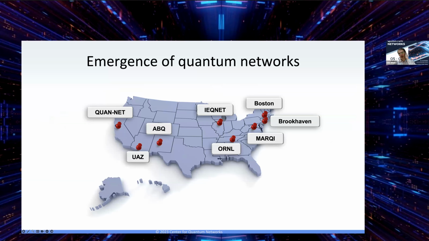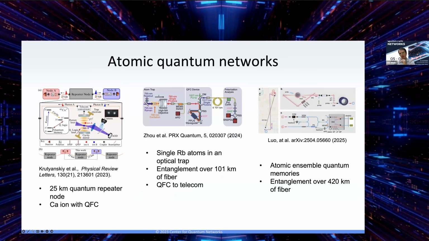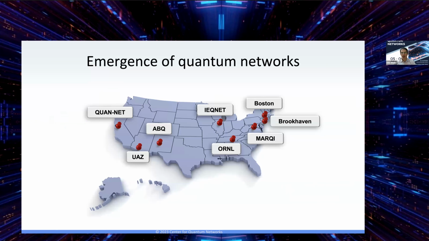Chicago has established the IEQNet. There's a quantum network at Oak Ridge National Laboratory. Sorry, here at Maryland, we have the Mid-Atlantic Regional Quantum Interconnect. At Brookhaven, they have established their own local quantum network. And finally, in Boston, there's the Boston Area Quantum Network.